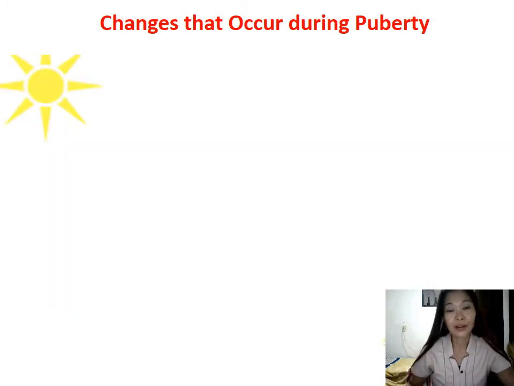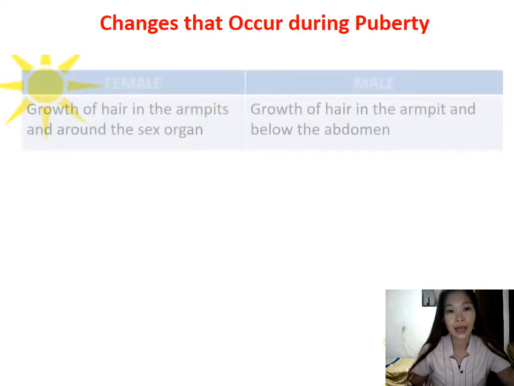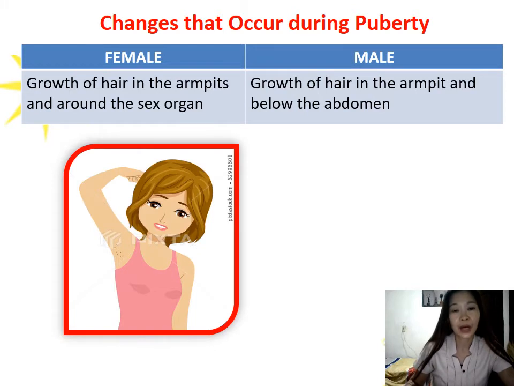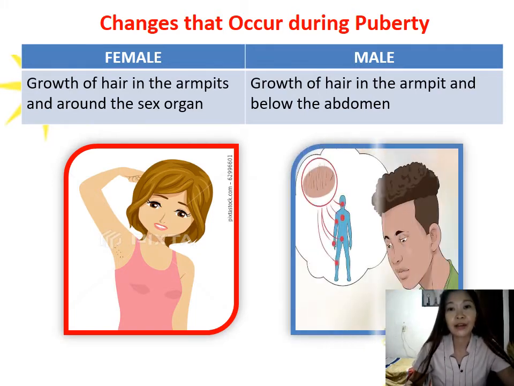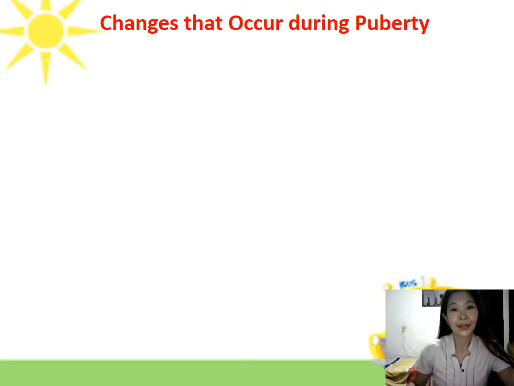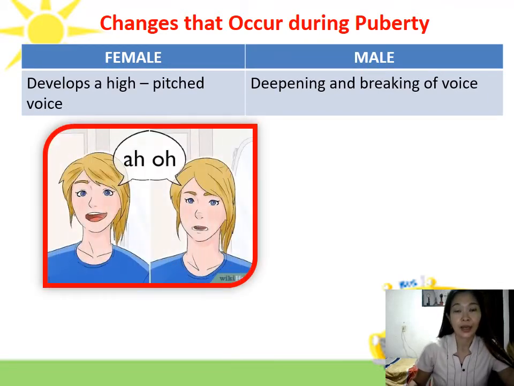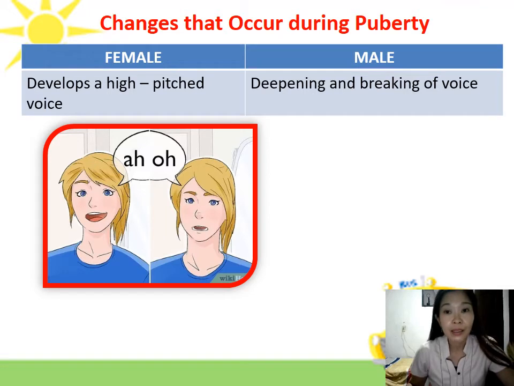Another change that occurs during puberty is that for female, growth of hair in the armpits and around the sex organ, and for male, growth of hair in the armpit and below the abdomen. Next change is that female develops a high-pitched voice, and for male, deepening and breaking of voice.